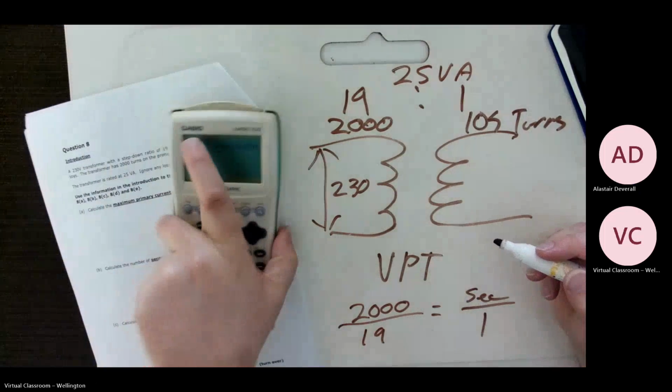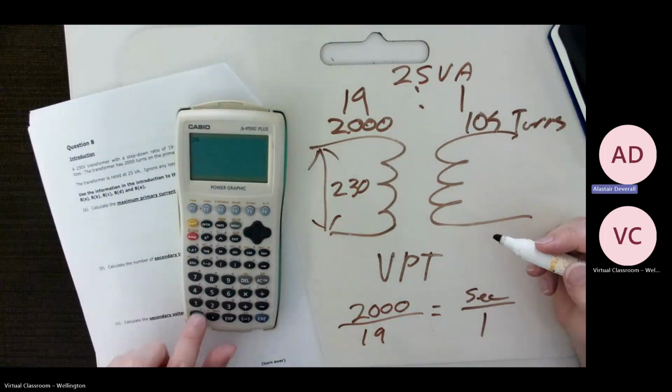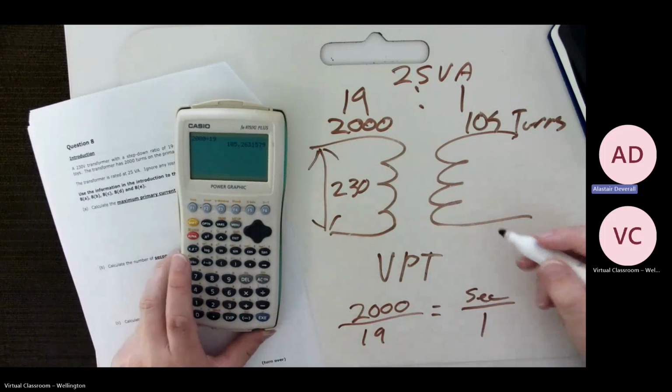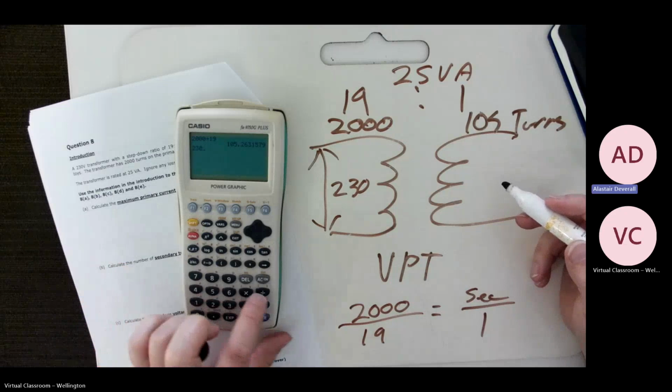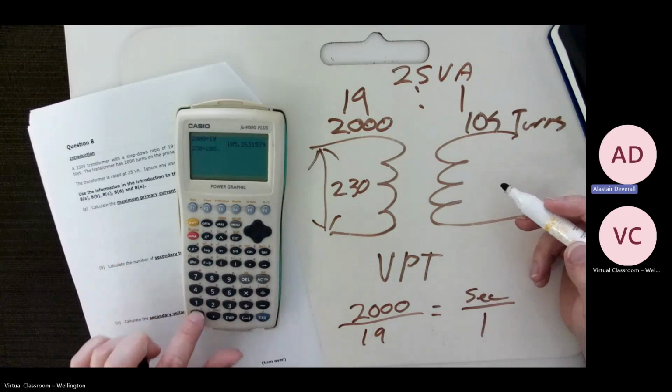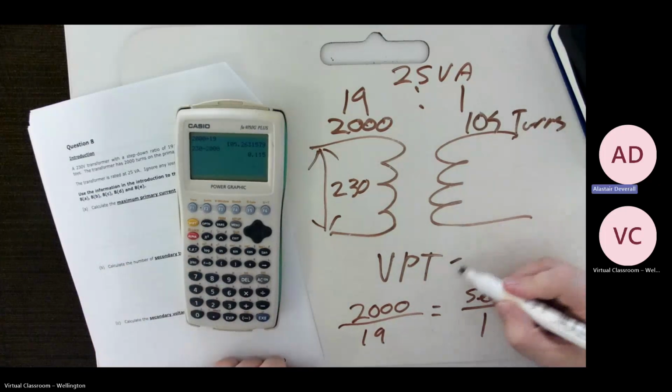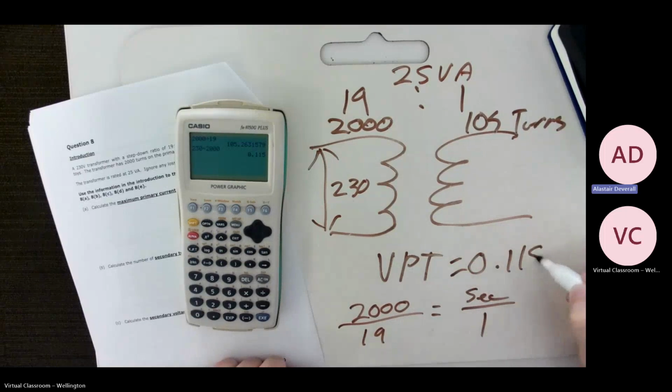So we have 2,000 divided by 19 gives us 105, but 230 divided by 2,000 gives us a volts per turn of 0.115.